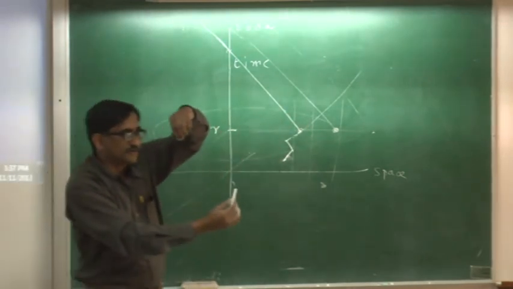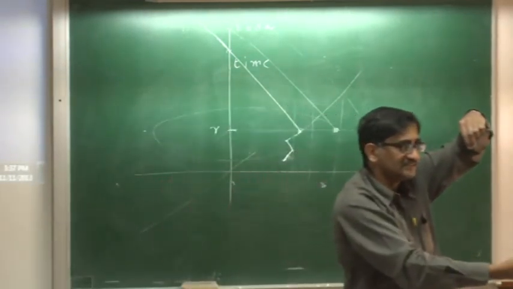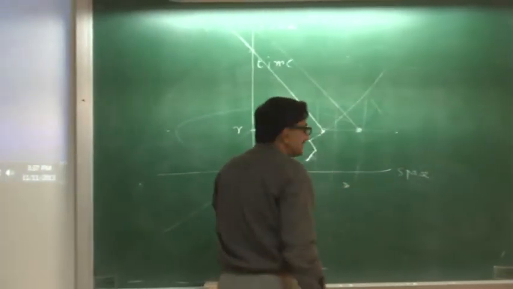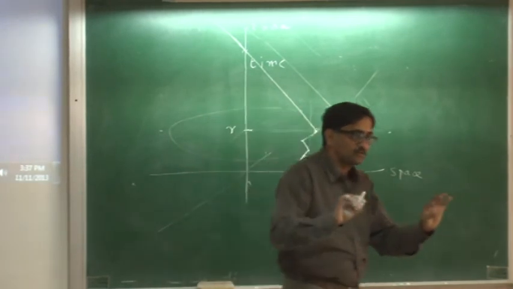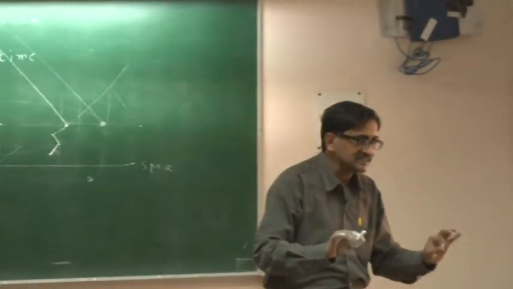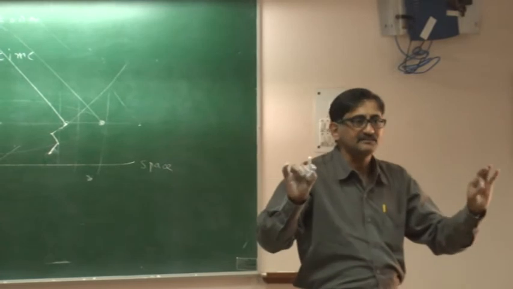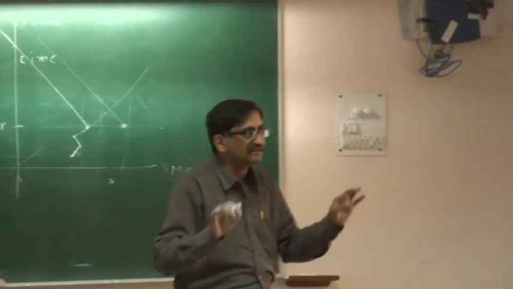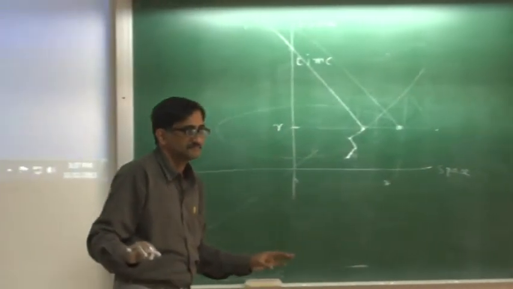The locus of points from where I will be receiving the photons is a circle. Now, what is characteristic of this circle? This is the circle over which the photons which I received today got scattered for the last time by ions. So I can call it the circle of last scatter.